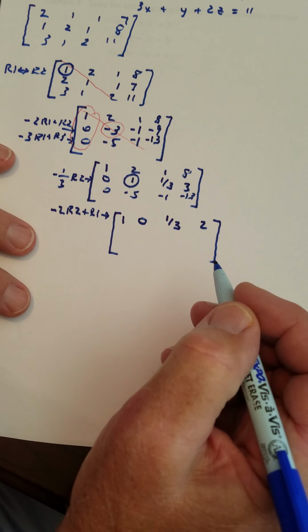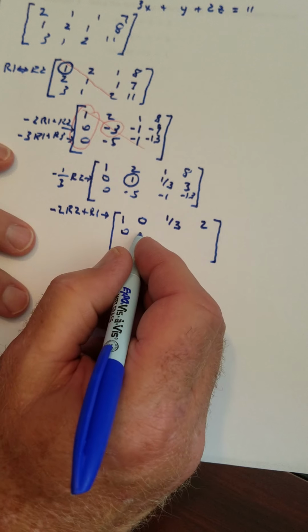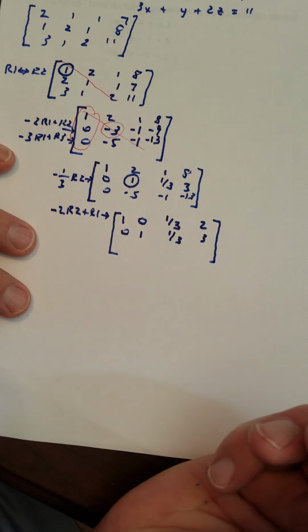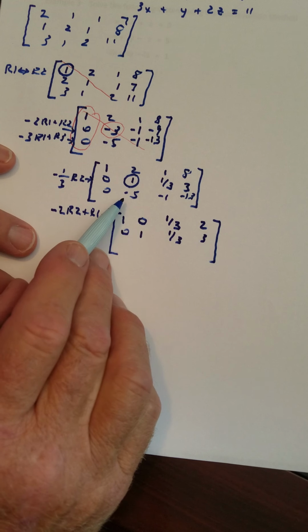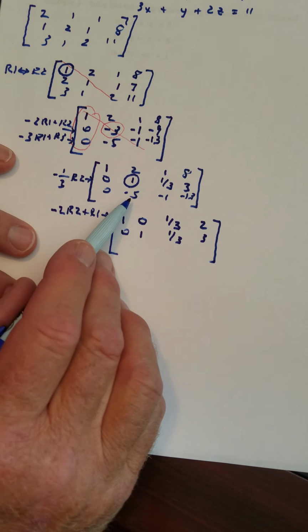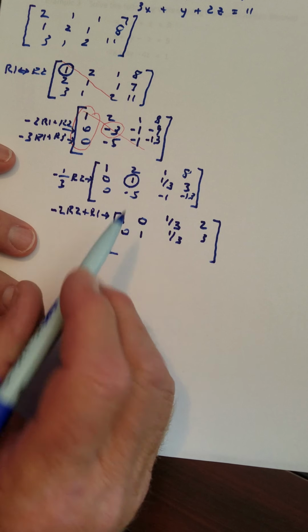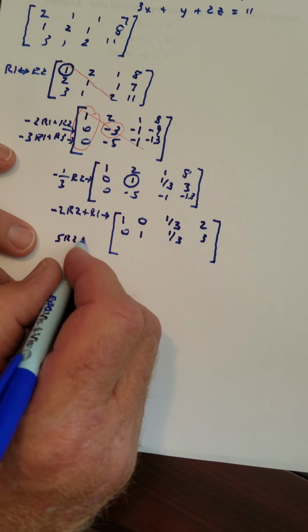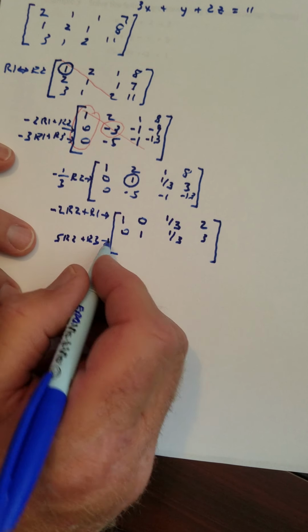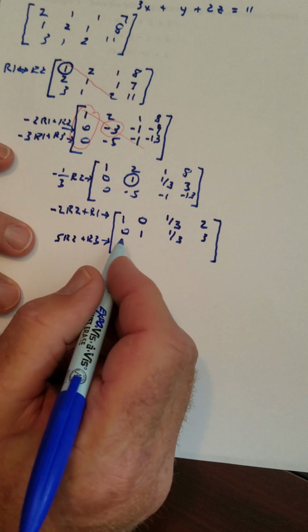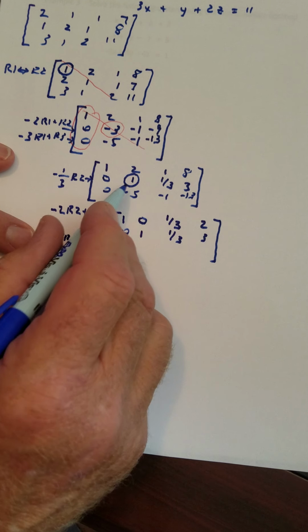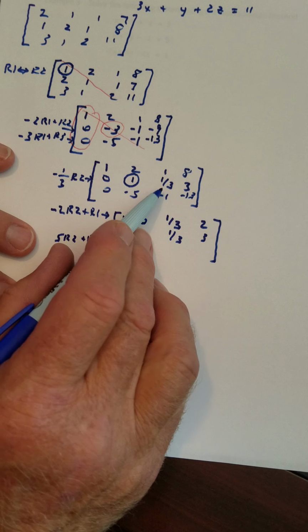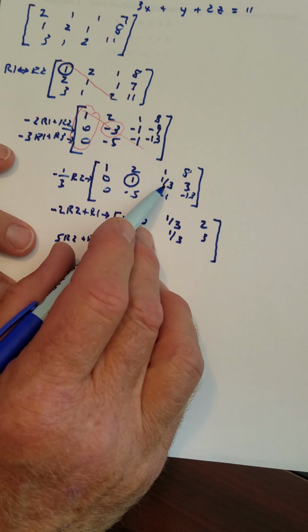So I'm getting fractions, but not as many as before. Second row stays the same. Now I want to get a 0 where the negative 5 is. So we're going to multiply by 5. The opposite of negative 5 is positive 5. So that's 5 times row 2, because that's the pivot, plus row 3. 5 times 0, 0 plus 0 is 0. 5 times 1 is 5. 5 plus negative 5, 0. 5 times 1/3 is 5/3.